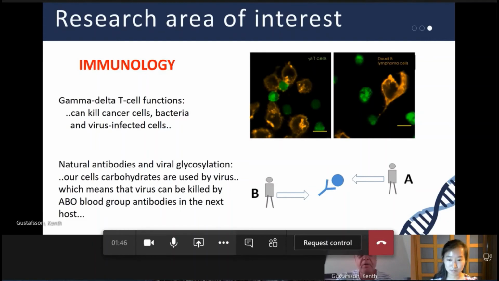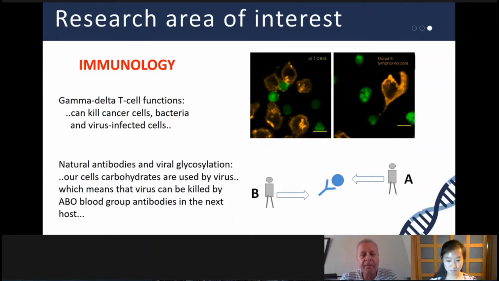We in our group are interested in how T cells work, T lymphocytes. T lymphocytes is one cell type in the immune system, and they can kill cancer cells on a good day. They can also direct how we kill bacteria and virus-infected cells.